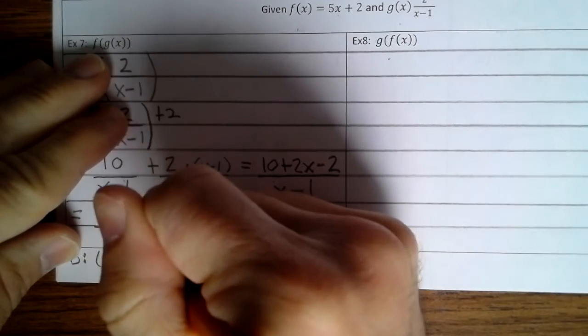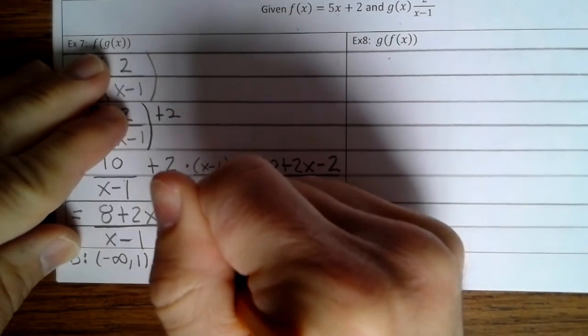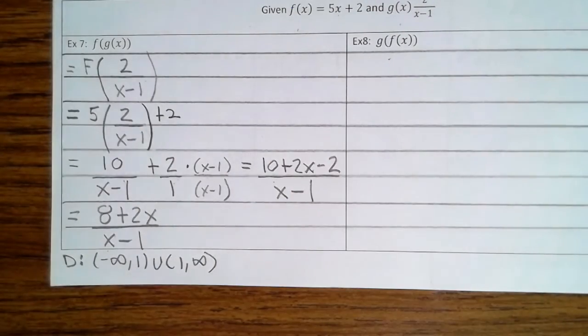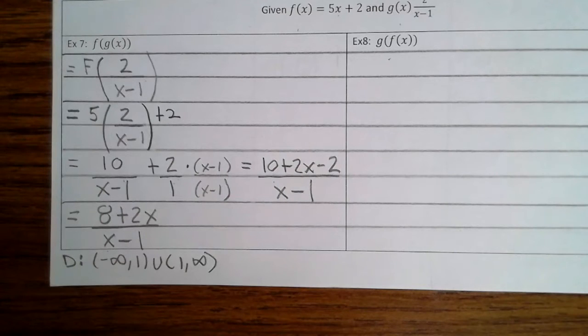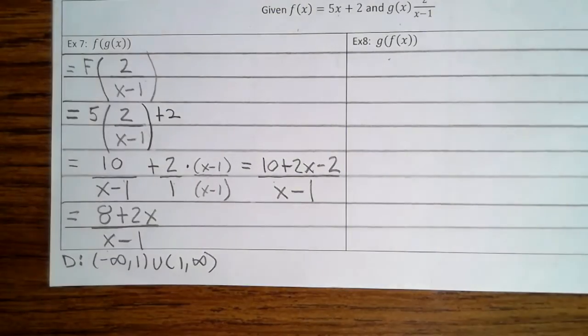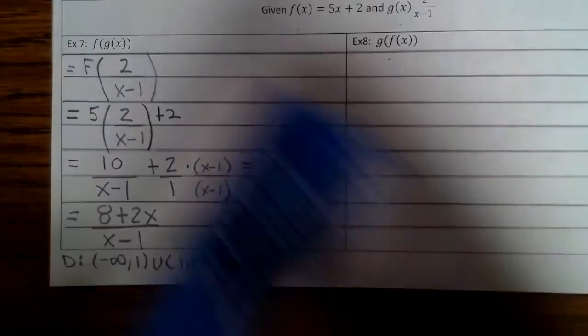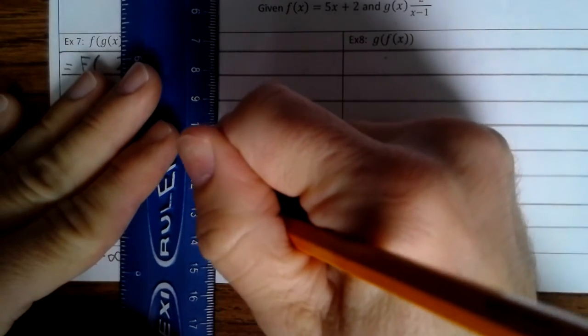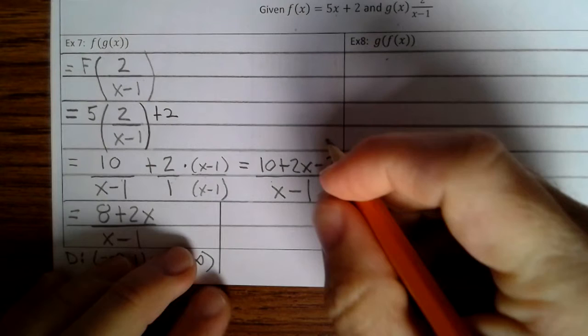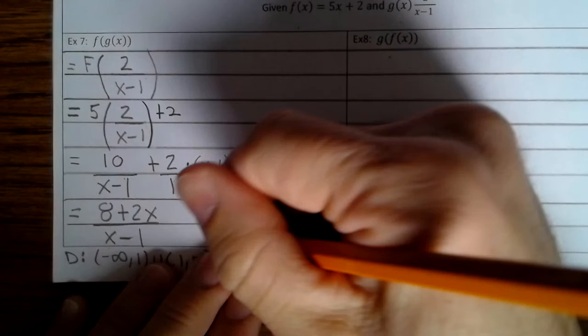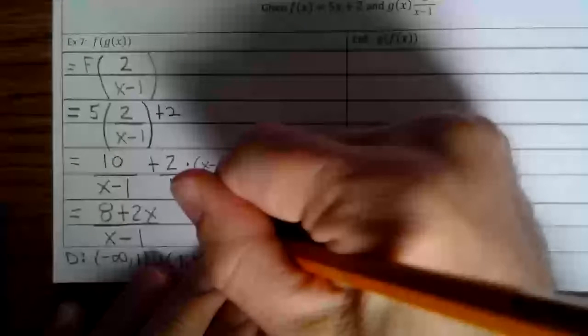Now, for the range, what we need to do is find the horizontal asymptote or slant asymptote, okay? So we need to do long division. So that's x minus 1 divided into, and I'm going to rewrite this as 2x plus 8.